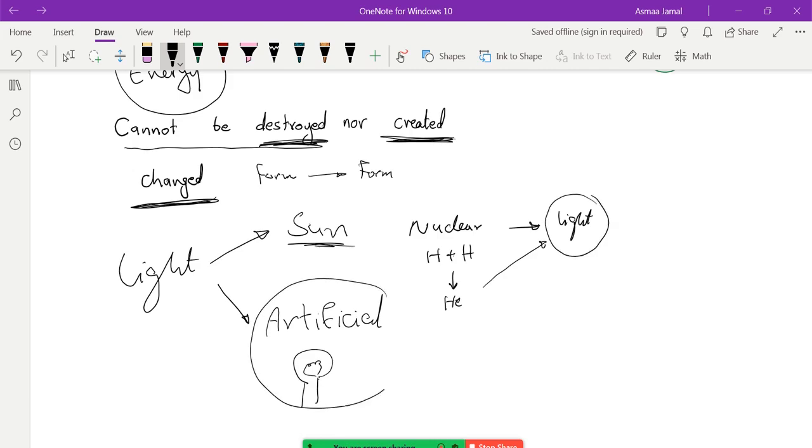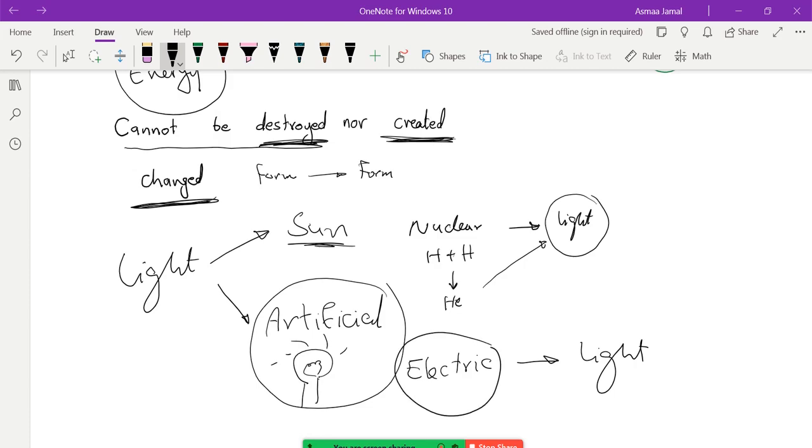While in an artificial source of light such as the bulb or the LED, we change the electrical energy into the light. So we don't create a new light, we change it from one kind of energy to another kind of energy.